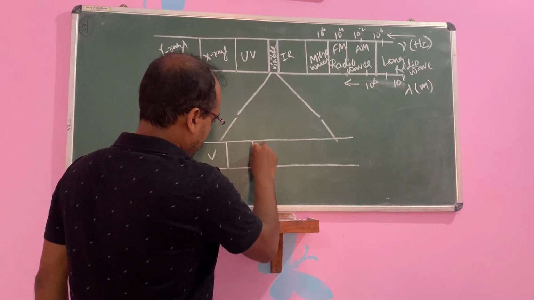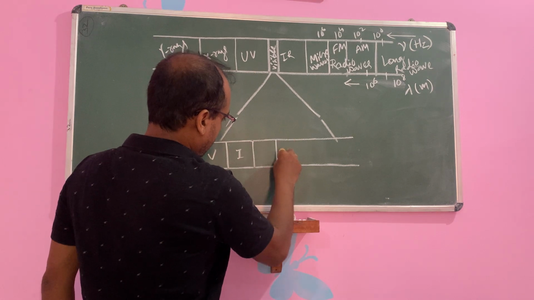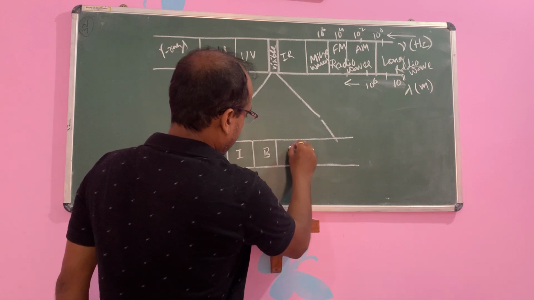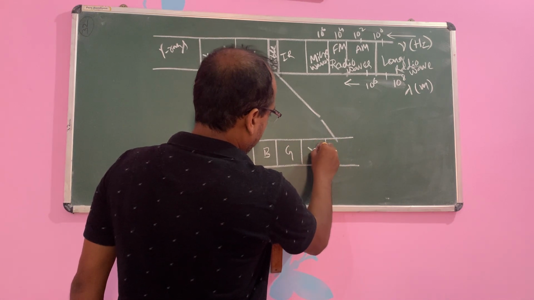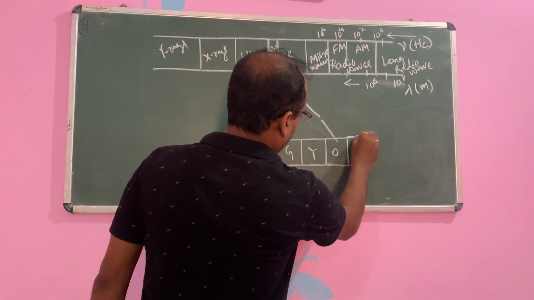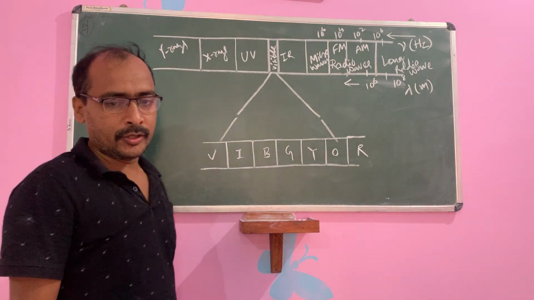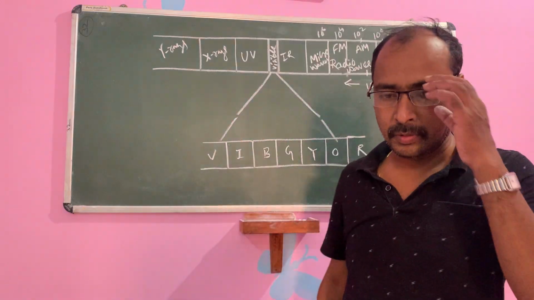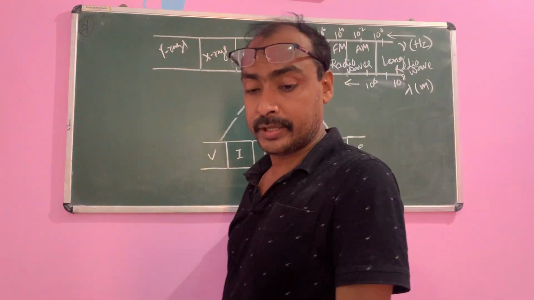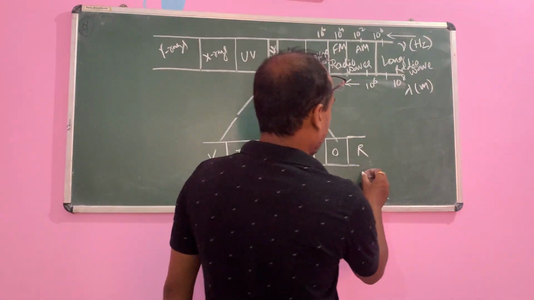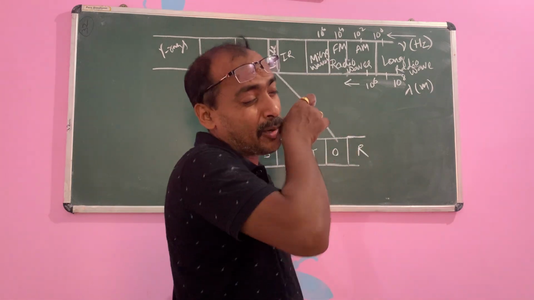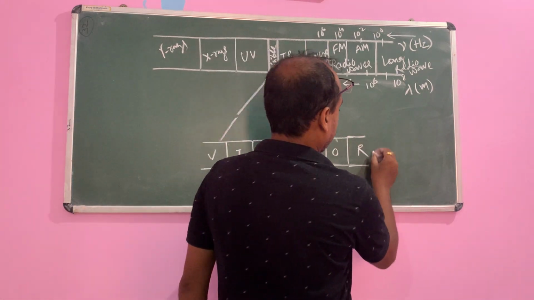V, I, B, G, Y, O, R. VIBGYOR. That is 750 into 10 to the power minus 9 meter, starting from red.